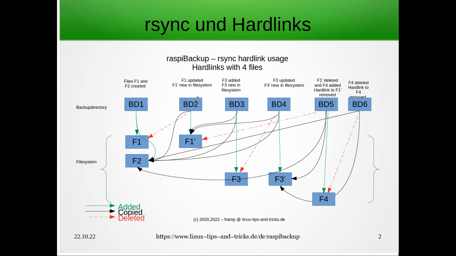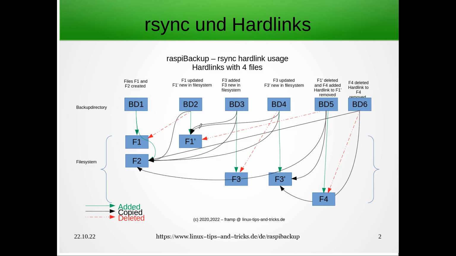In backup directory 2, we also have only 2 files. We have a link to file 2 and we have a link to file 1. But for the next 3 backup directories, we have 3 links.